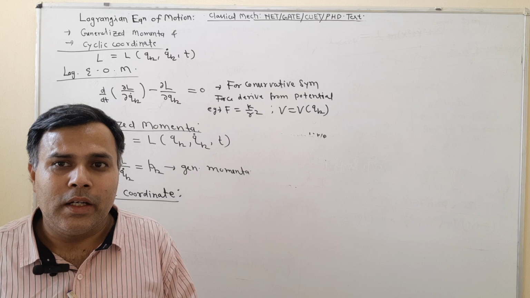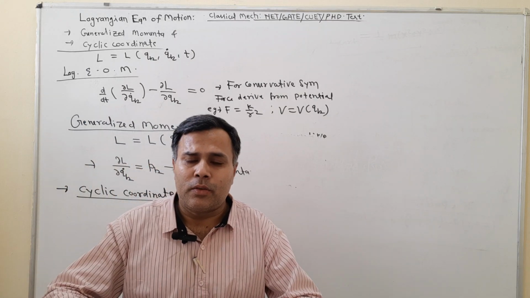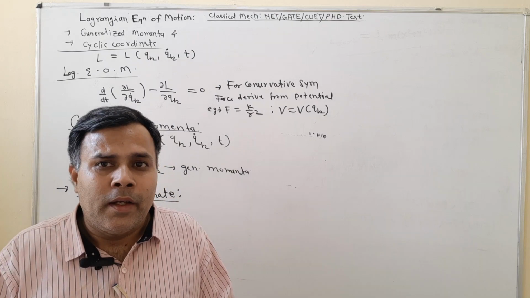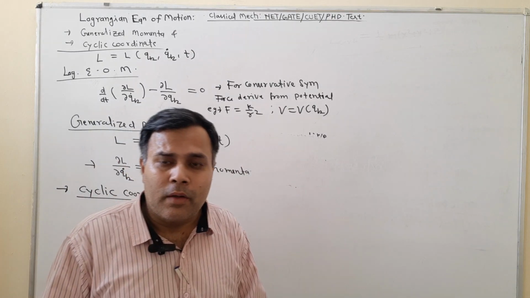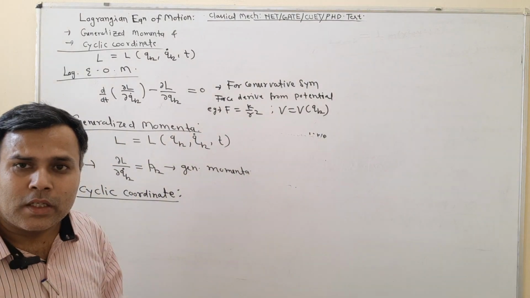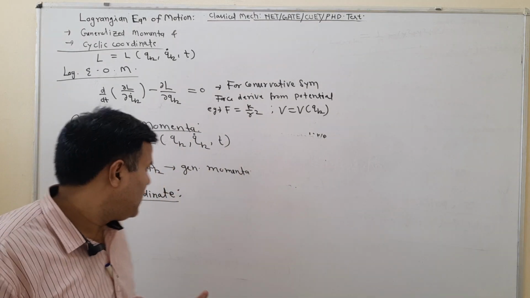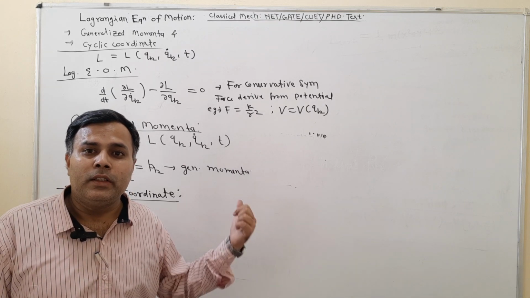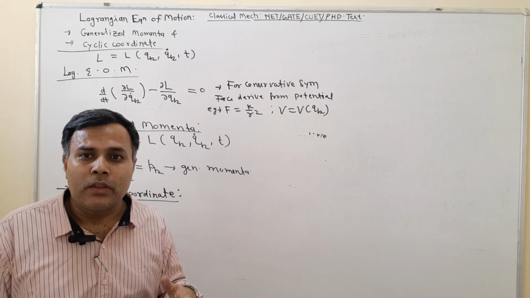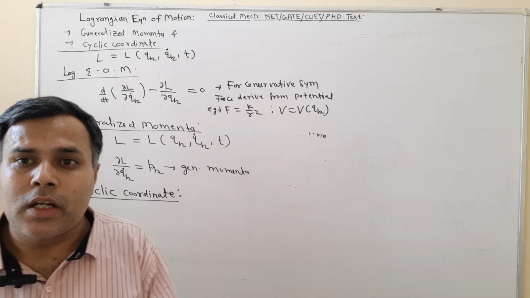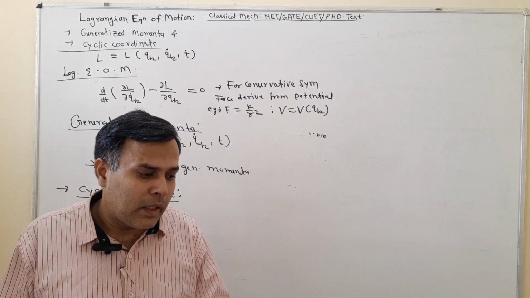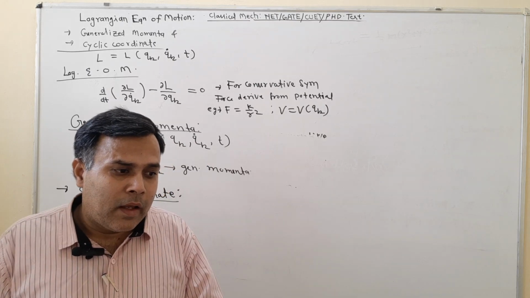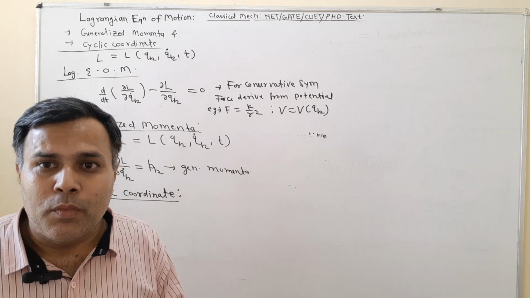If we have a profile of Lagrangian, how do we recognize whether, for this given Lagrangian expression, we have a cyclic coordinate or not? The meaning of this cyclic coordinate is very important, because it gives information about the constant of motion, whether our system is having a constant of motion.